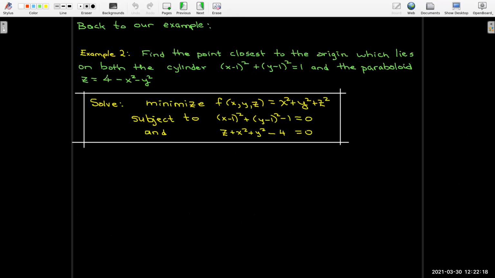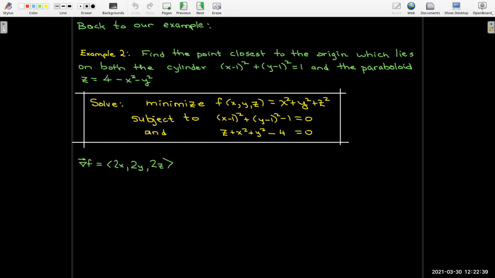All right, so now let's use this technique that we just learned about in our example problem. We're going to try to minimize x squared plus y squared plus z squared, subject to the fact that the point has to be on both the cylinder and the paraboloid.